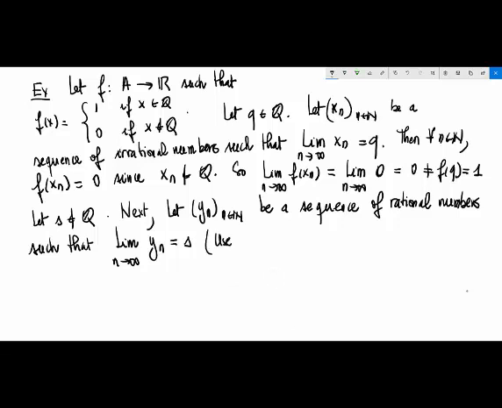So we can use the density of the rationals here.